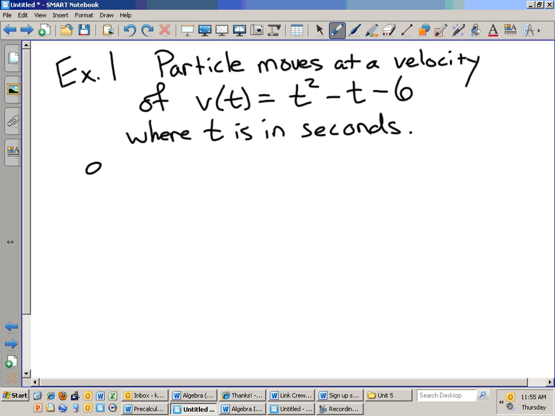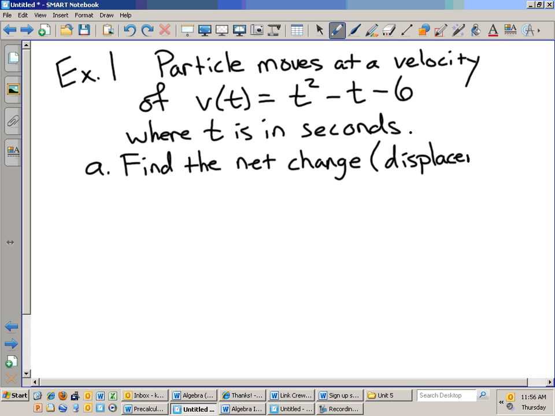A, find the net change or the displacement.